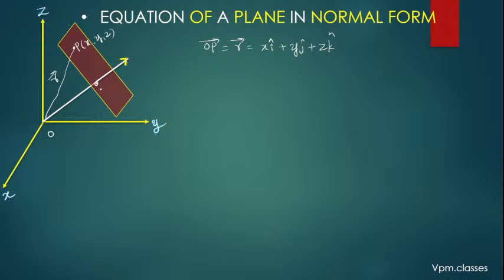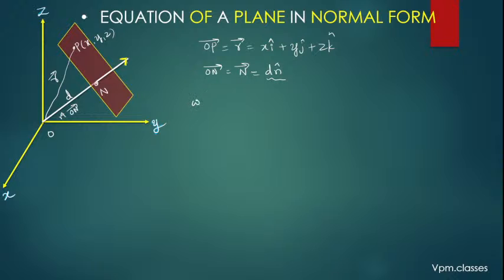Again here ON is the normal vector, which is given by d n cap, where d is the distance of the plane from the origin, and n cap is the unit vector in the direction of my normal. So we got ON as dn cap.